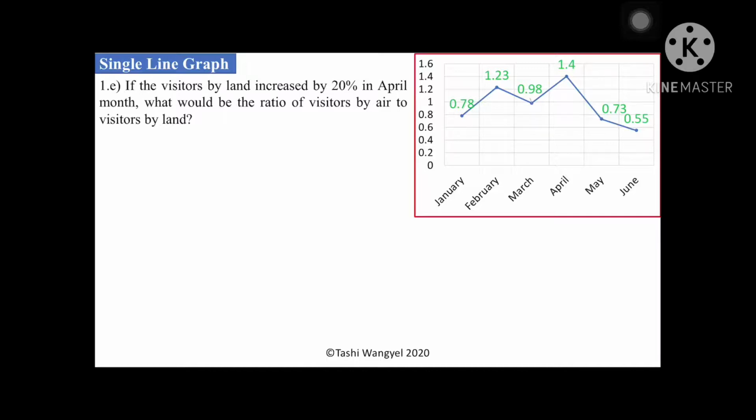Part E of the question: if the visitors by land increased by 20% in April, what would be the ratio of visitors by air to visitors by land?